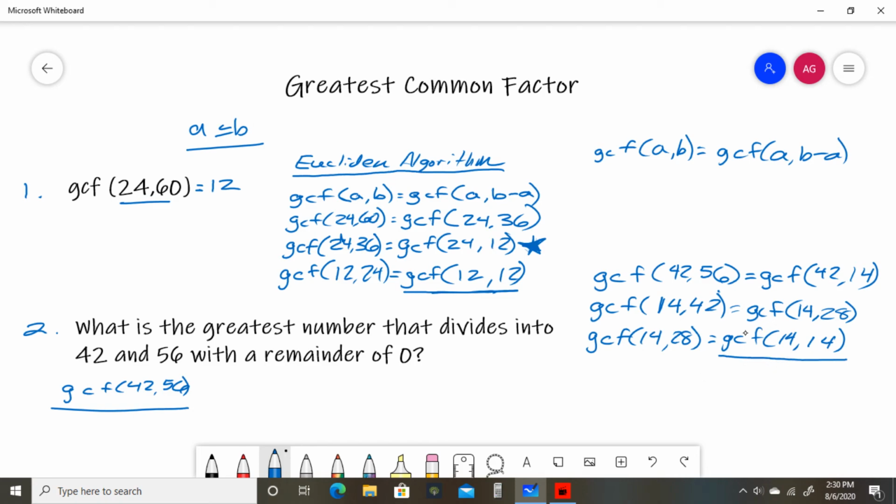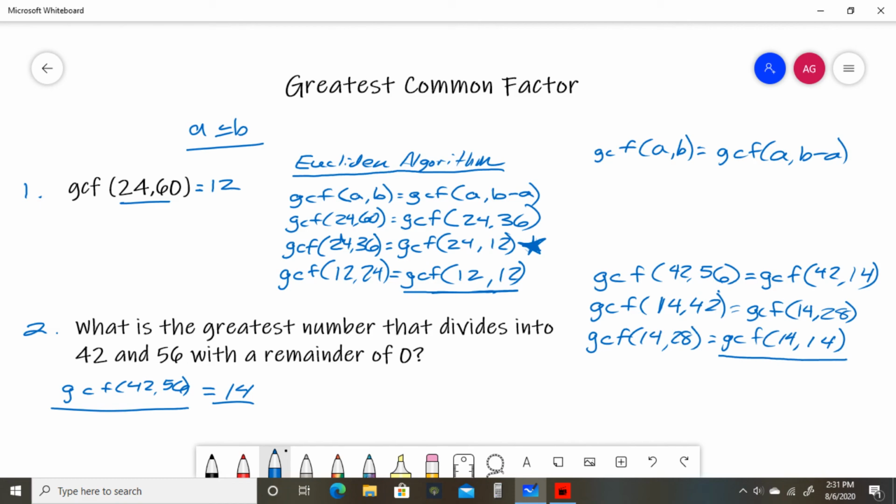So the GCF between 14 and 14 is obviously going to be 14. And if you're curious, yes, this does always happen. If you do the Euclidean algorithm over and over again, you will always end up with the GCF of two of the same number. So the greatest number that divides into 42 and 56 with a remainder of 0, that would be the GCF, or the greatest common factor, of 42 and 56, which is the same thing as 14.